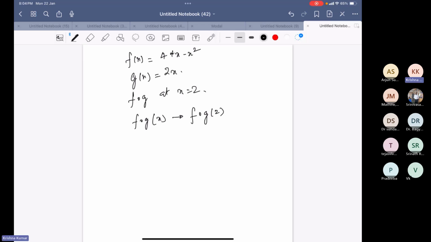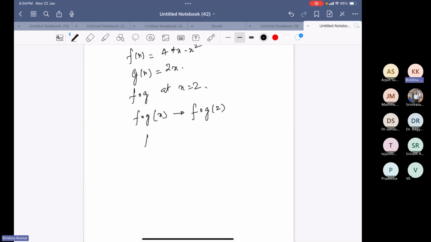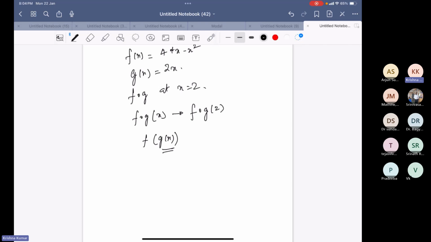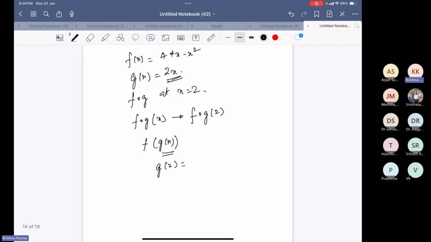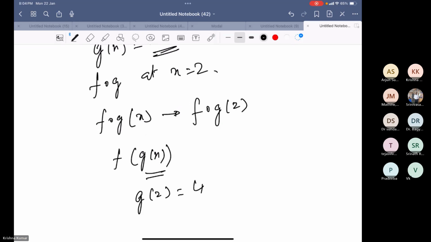Okay, let's do it. So what does this mean? It means f of g of x. So in other words, I have to first perform g of x. So what is the result of g of 2? If I substitute x equal to 2 here, I'll get g of 2 equal to 4. So now with this, I have to compute f of 4.